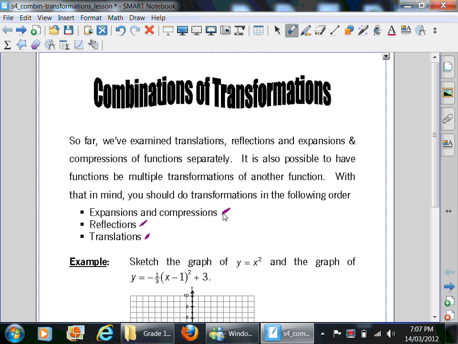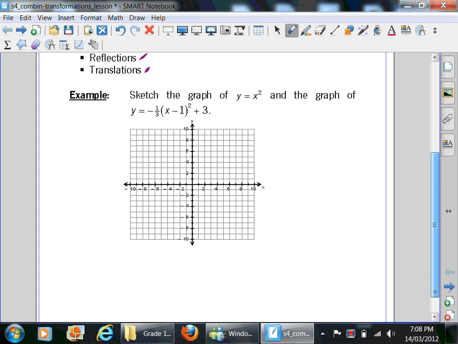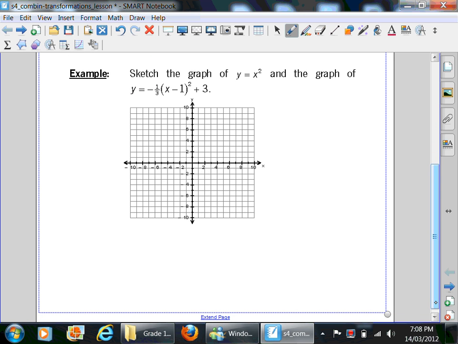So, we've got sketch the graph of y equals x squared and the graph of y equals negative 1/3 (x minus 1) squared plus 3. Okay, so starting off with y equals x squared. You guys should know this one by heart by now. I shouldn't have to tell you how to graph this one.